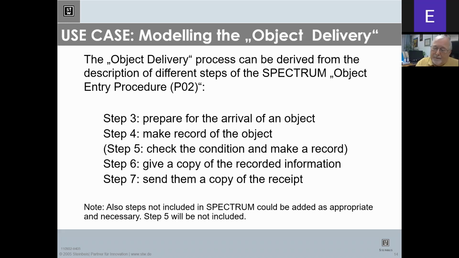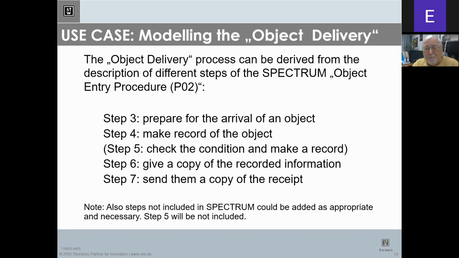And I'm using for my presentations and for my courses the object delivery process. So I named this process object delivery. It's not part of Spectrum, but we are using steps in the Spectrum environment. And here we have the object entry procedure. If you look into the object entry procedure, you find different steps.